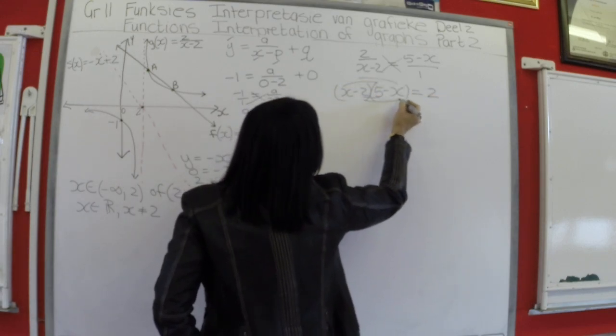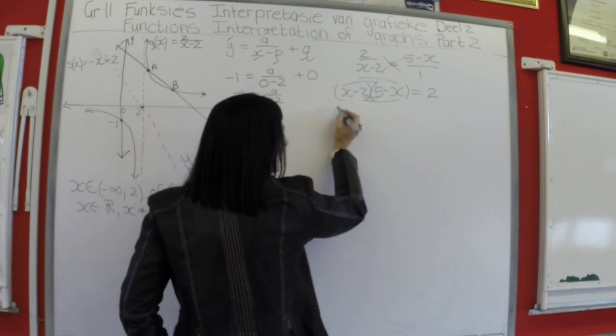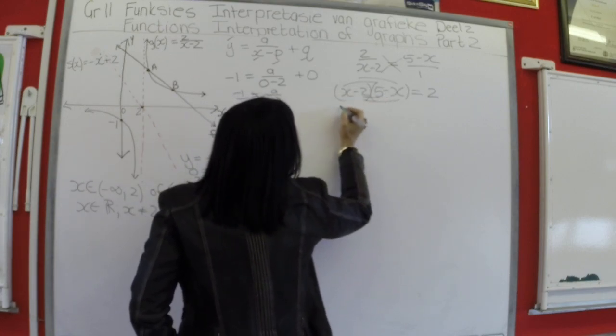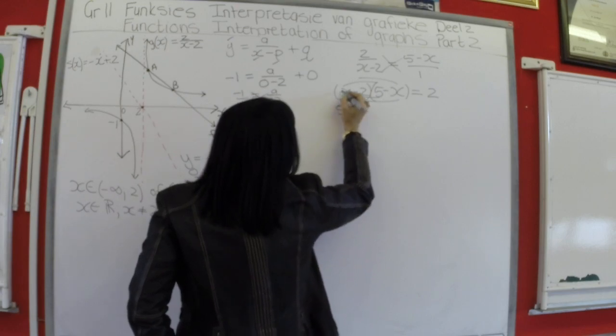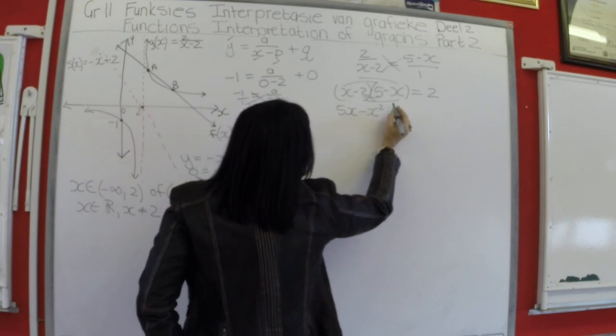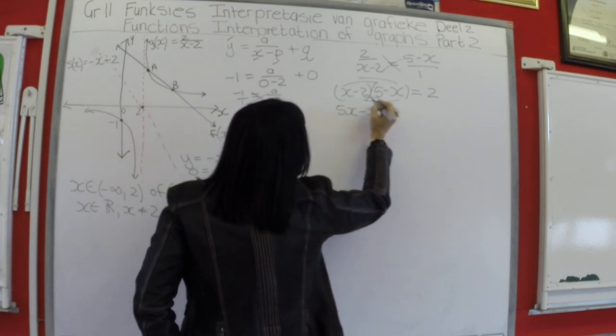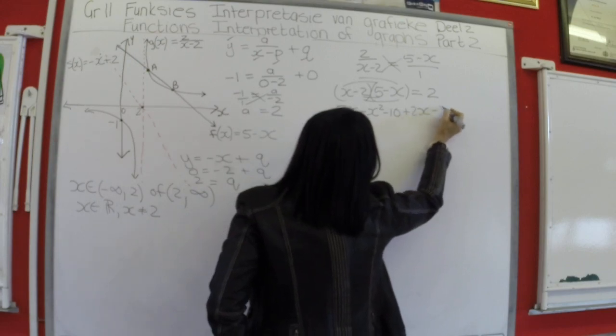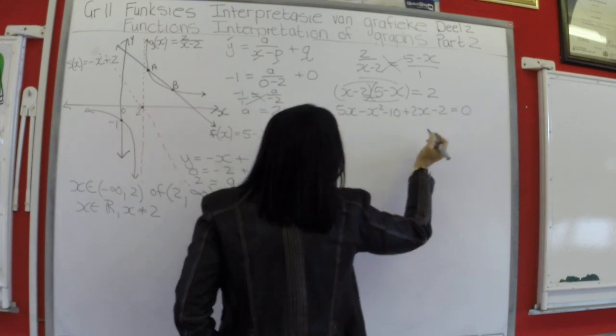So you can use the arrow method or the FOIL method, die e-mal methode. So x maal 5 is 5x, x maal minus x is minus x kwadraat, minus 2 maal 5 is minus 10, en minus 2 maal minus x is plus 2x, minus 2 gelyk aan 0.